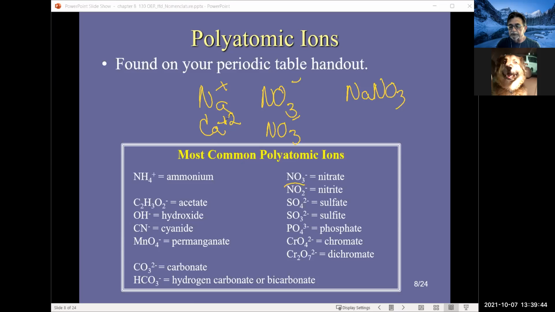The +2 oxidation number for calcium means I need 2 nitrates to balance it out. So the formula for calcium nitrate will be calcium, and we keep the nitrate as a unit, so we put parentheses, NO3, and then subscript 2. So we've got calcium nitrate.